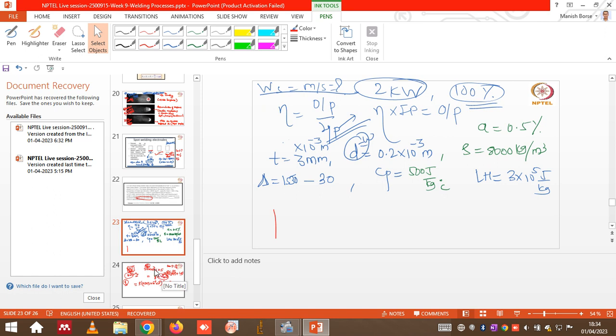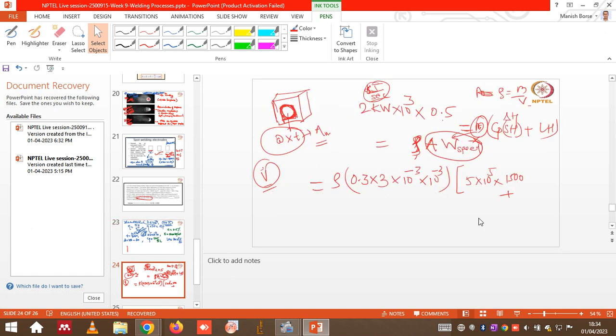Cp is 500 and latent heat is 3 into 10 raised to 5, and this one is 8000. And now multiply by the welding speed in meter per second.